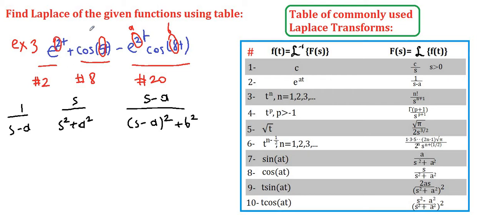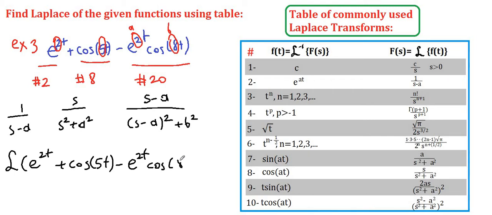Now we can take the Laplace of this. So Laplace of e to the 2t plus cosine of 5t minus e to the 2t times cosine of 8t. Now we can separate.